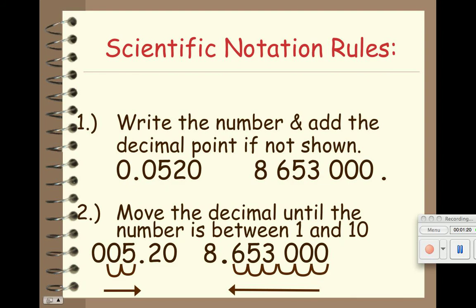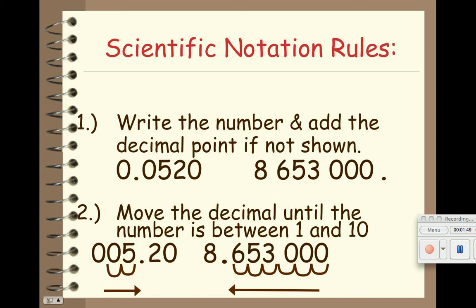So let's see how we can do this. As we said, the scientific notation form is a product of two factors. The first factor is a number between 1 and 10. So how do I get that number between 1 and 10? I take the number that I have and look for the decimal. If it's a number like 8,653,000 and there's no decimal, I put the decimal where it should be.